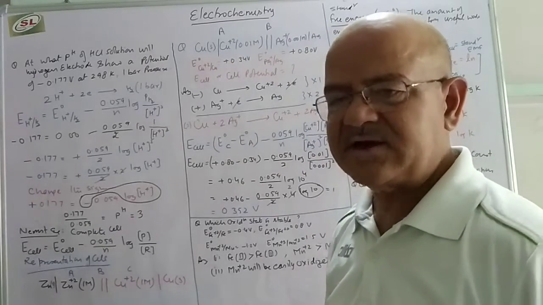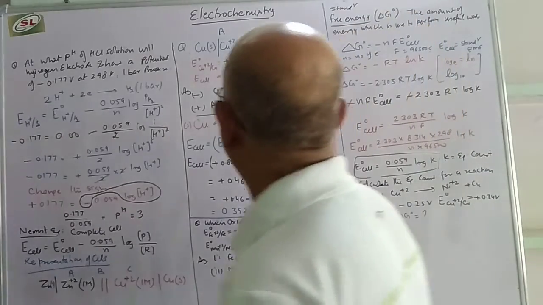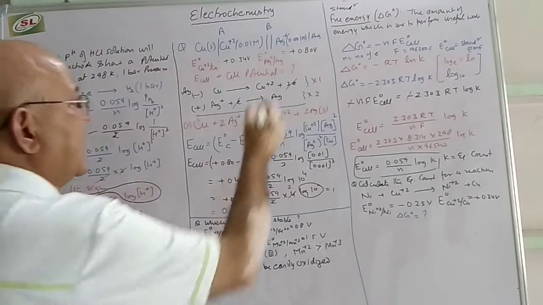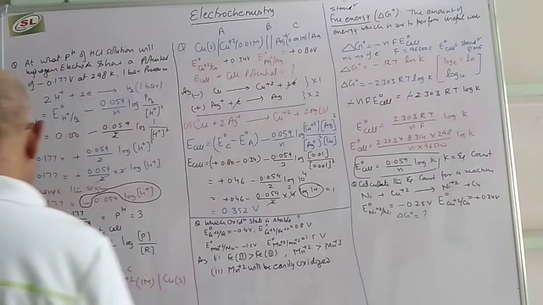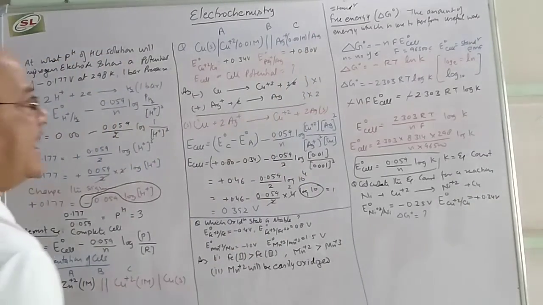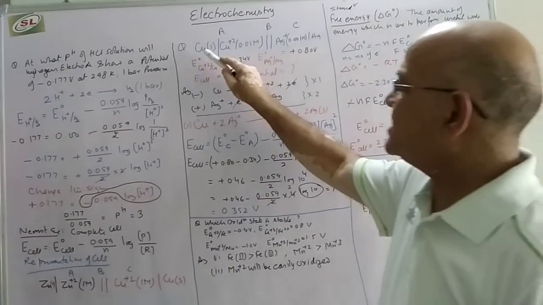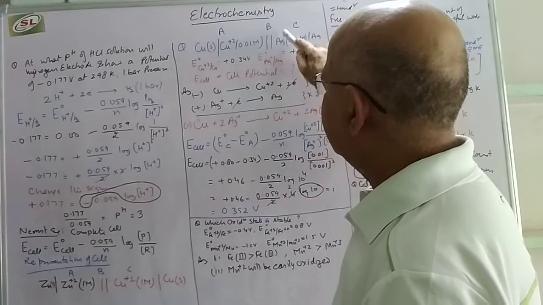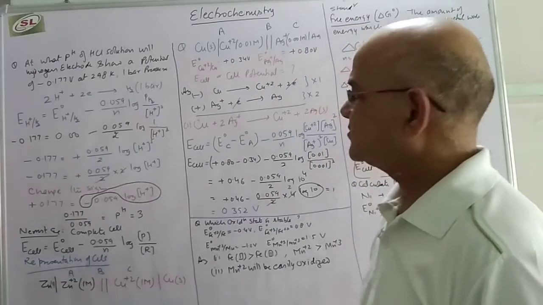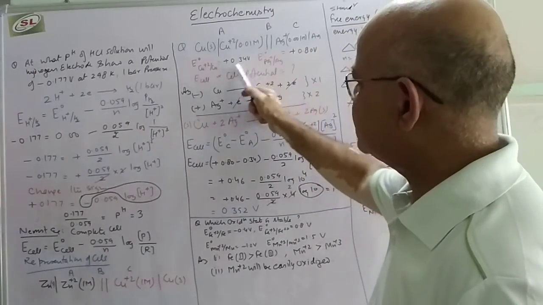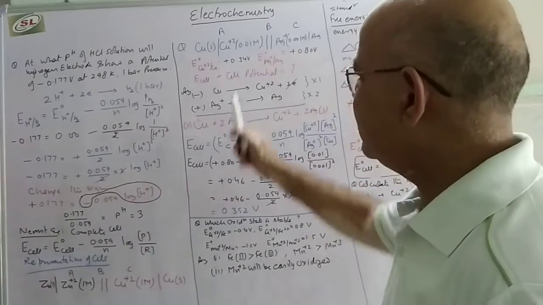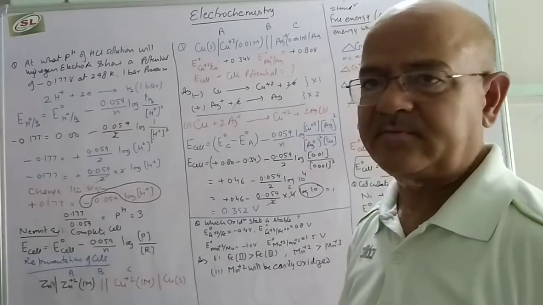These two vertical lines show the salt bridge and silver is the cathode. Copper changes into copper+2, and Ag+ is changing into Ag.